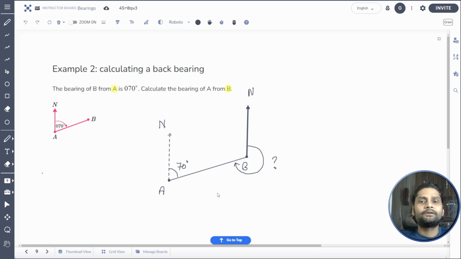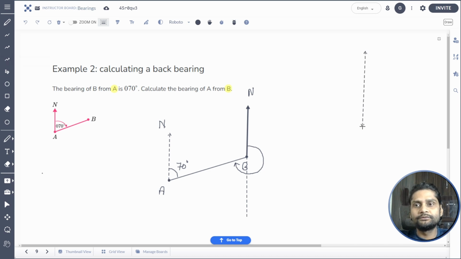As students, you are aware of the quadrants. If we consider a line just opposite to the given north line here on B, this must definitely be equal to 180 degrees. Now, as you see, both the lines we consider here are north lines.